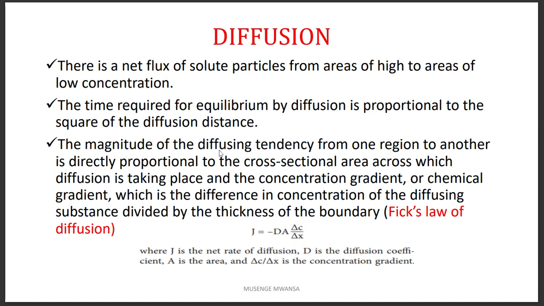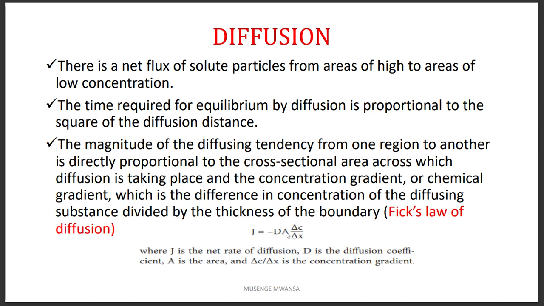So the magnitude of the diffusing tendency from one region to another is directly proportional to the cross-sectional area. Meaning that if I increase the cross-sectional area, particles are going to be able to diffuse much faster according to this statement. Okay, and it is also proportional to the concentration gradient, which is delta C that we're able to see on top there.